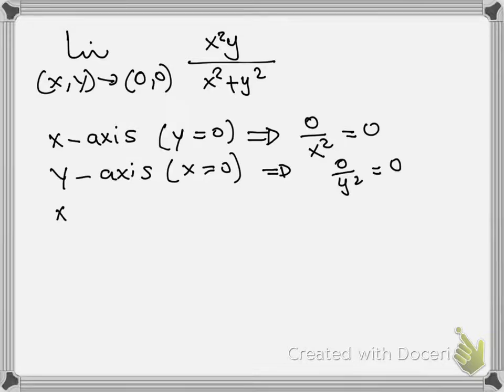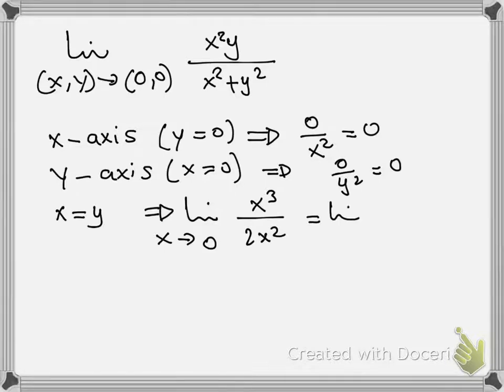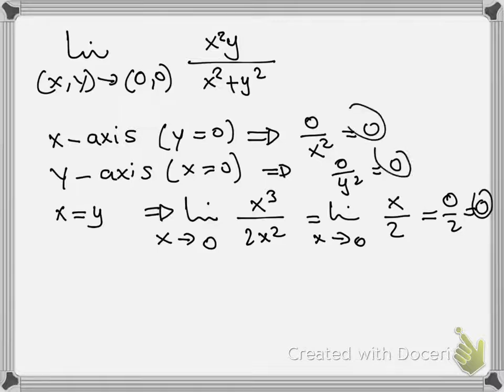If you try the diagonal, x equal to y, that will be the limit as x goes to 0 of x cubed over 2x squared, so that's x over 2, which is 0 over 2, which is 0. So you get the same limit here.